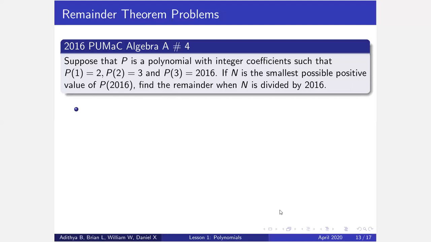Okay, so we have a polynomial with integer coefficients, and we're given 3 values, and we want the smallest possible value of p of 2016.